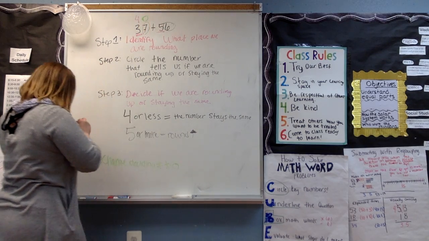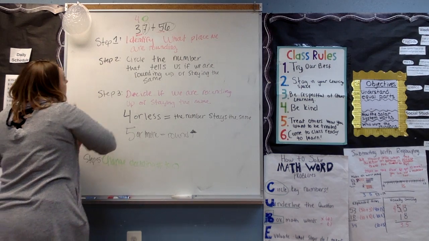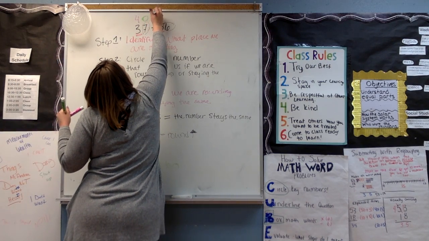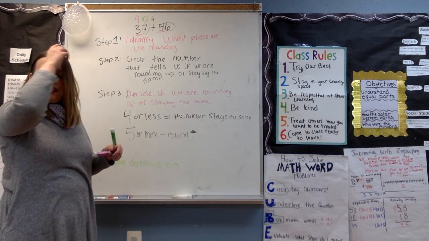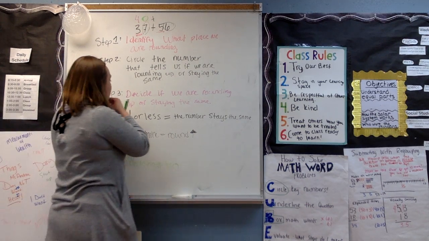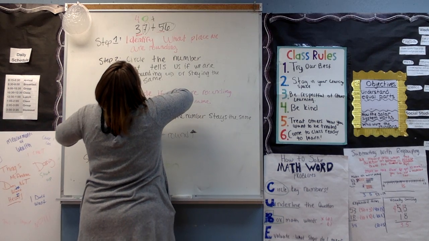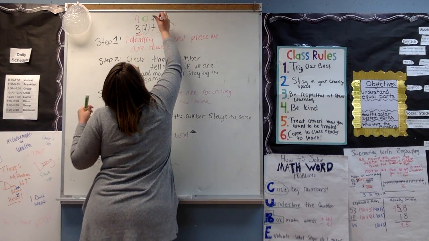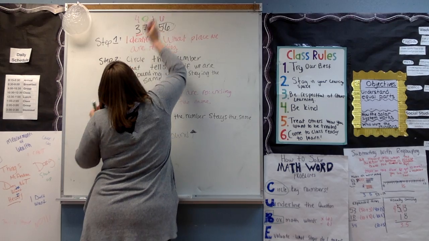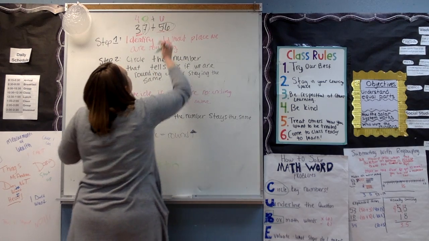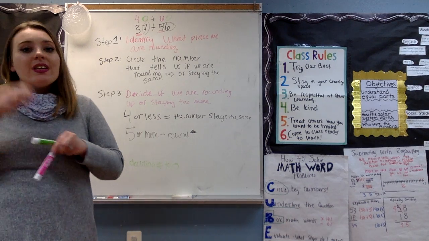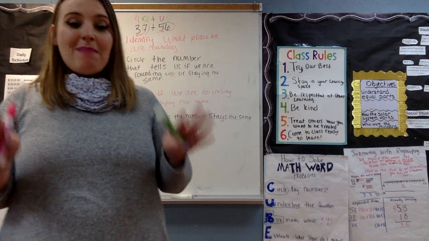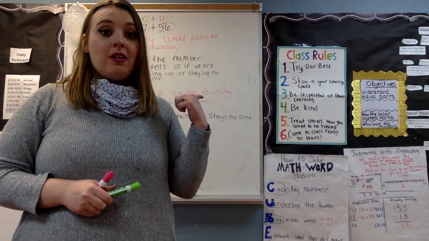And then plus, is 6 more than 5? So 5 is going to round up to 6. And then that 6 is going to change to a 0. 40 plus 60. So 37 plus 56 is about the same as 40 plus 60.